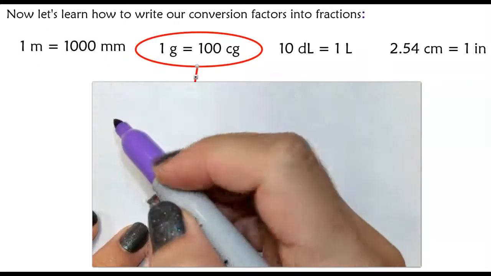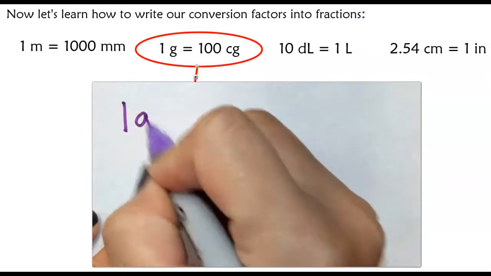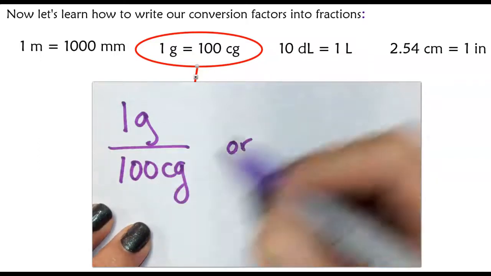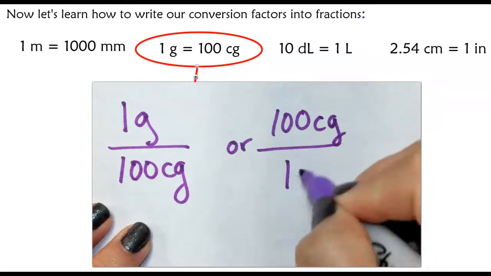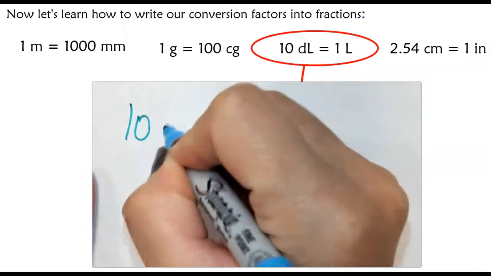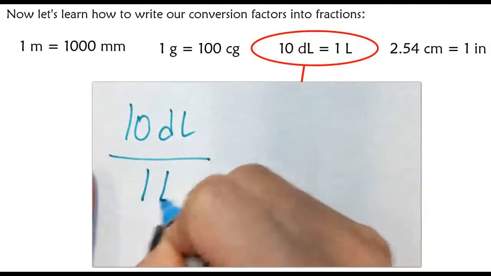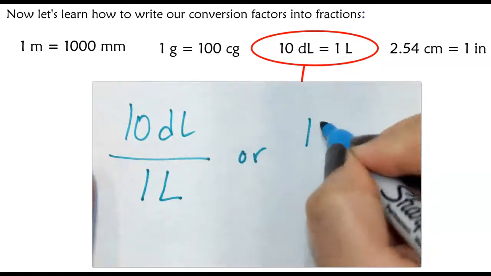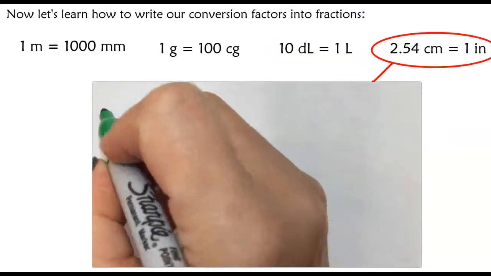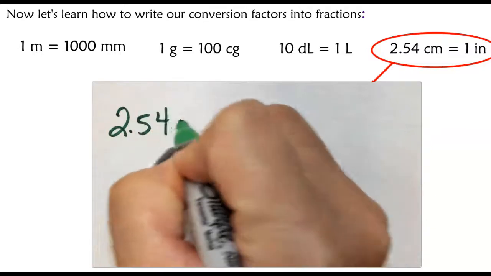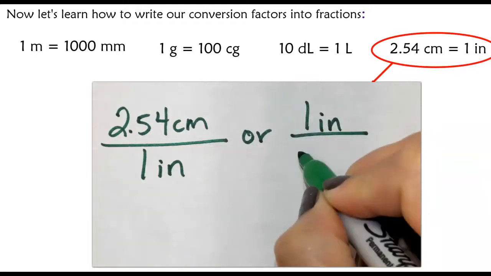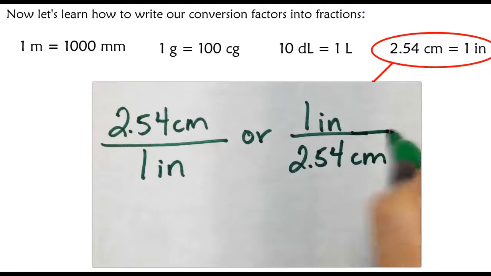Okay, 1 gram equals 100 centigrams, so we could write 1 gram over 100 centigrams, or we could do the inverse, 100 centigrams over 1 gram. 10 deciliters equals a liter could be written as 10 deciliters over 1 liter, or the inverse, 1 liter over 10 deciliters. 2.54 centimeters equals 1 inch could be written as 2.54 centimeters over 1 inch, or we could write 1 inch over 2.54 centimeters.